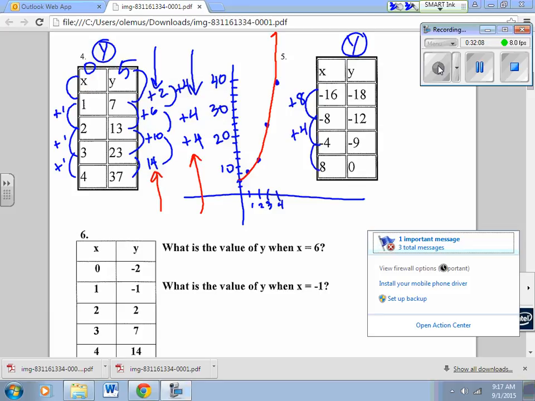Next one? That's 12? Okay. I don't see a pattern there, yeah? How about these two? 6, yes? Plus 6? And how about these two? 3? How about these two? Plus 9. Okay, no pattern there at all, right?